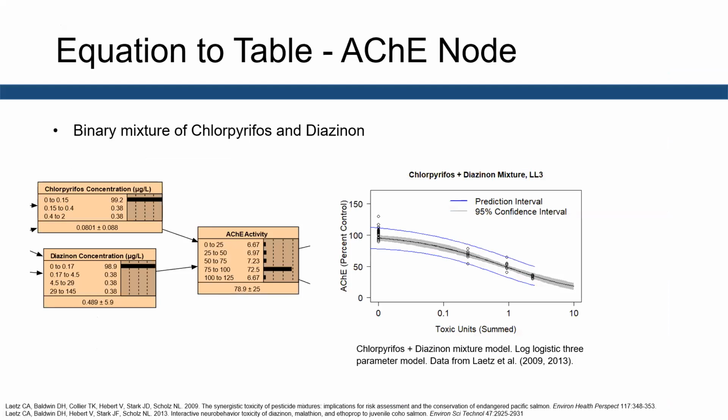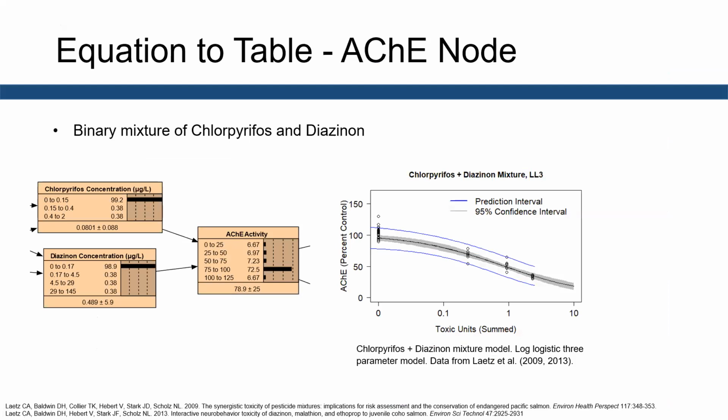So next, the equation to table function. We'll use the acetylcholinesterase inhibition node as our example. This one is the inhibition of acetylcholinesterase activity caused by chlorpyrifos and diazinon as a binary mixture.